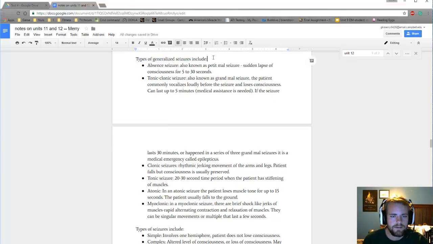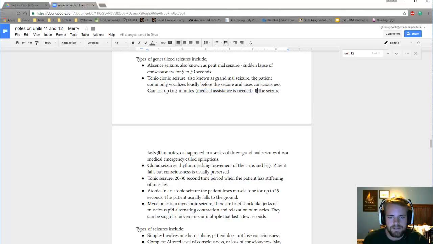We need to know the types of generalized seizures. An absence seizure, also known as a petit mal seizure, is a sudden collapse of consciousness for 5 to 30 seconds. Tonic-clonic seizures, also known as grand mal seizures, the patient commonly vocalizes loudly, and can last for 5 minutes.